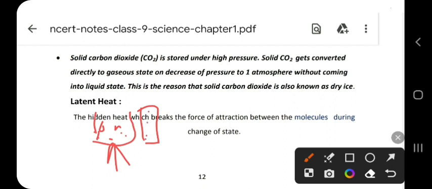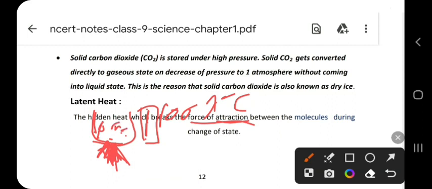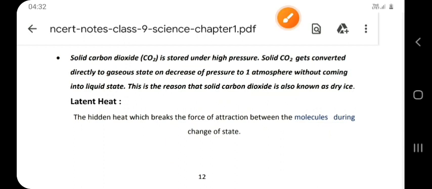You can see that as you give heat, the temperature does not go above 100 degrees Celsius. Why is this happening? Heat is continuously given to the beaker, but the temperature doesn't increase. What is the reason? The molecules in the beaker absorb heat to break the force of attraction between them.